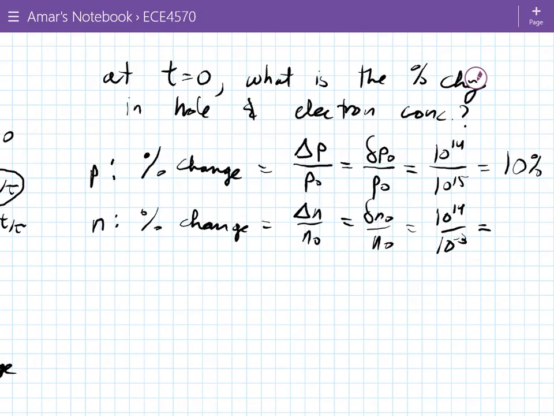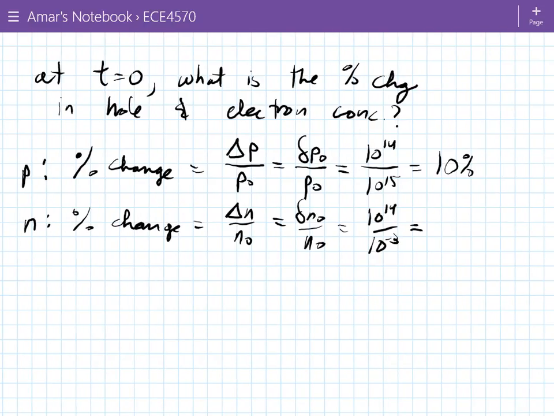So this would be a lot. 10 to the 17th. So that would actually be 10 to the power of 19%, right? Because if you want to change a number to percentage, you multiply by 100.